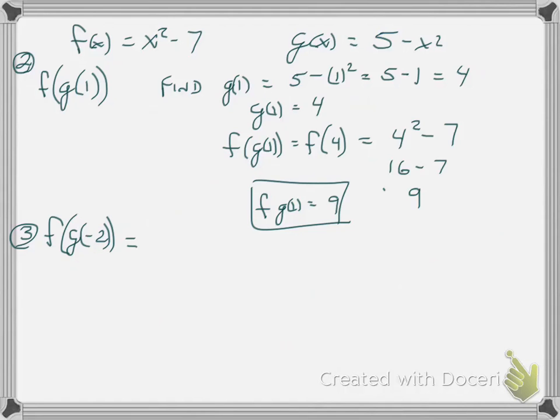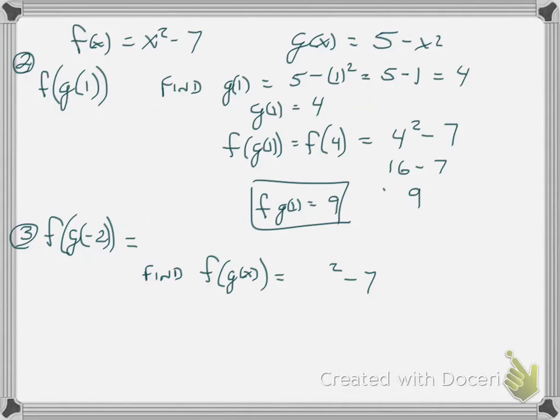For this second problem, f of g of negative 2, I'm going to do it a different way. I'm going to first find f of g of x. So I'm plugging g into the f function. The f function is x squared minus 7.